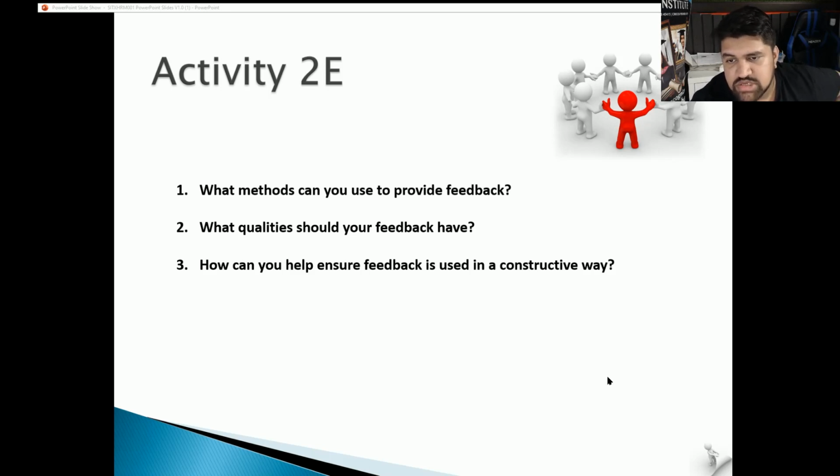How can you ensure feedback is used in a constructive way? So first of all, we want to give constructive feedback. We don't just want to give very narrow feedback. We don't want to give one or two answers. We want to give constructive feedback on how they can improve, what our thoughts were on their performance, and make sure we give them an action list so they can go forward and focus on what they may have made mistakes with or may need to improve on.